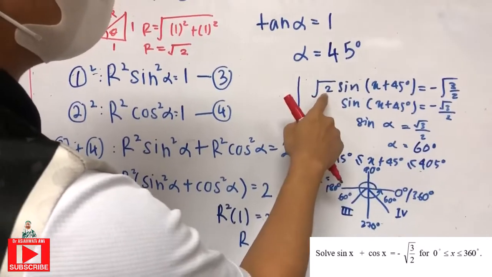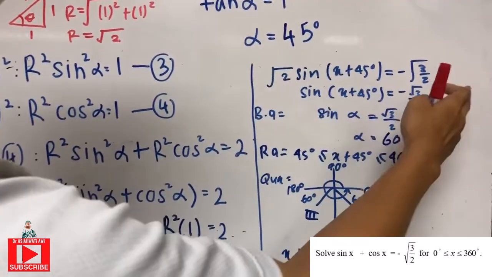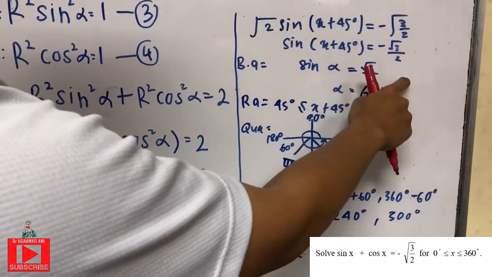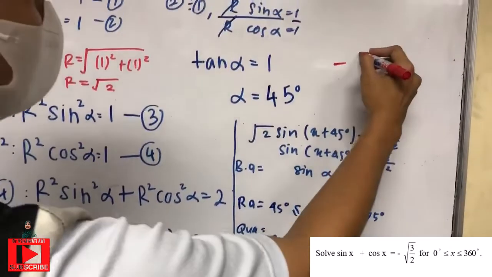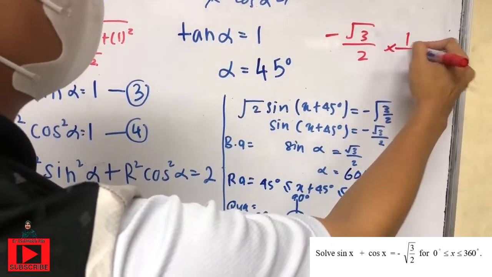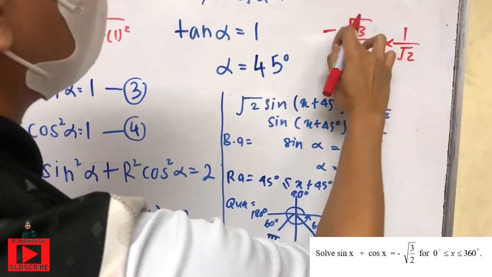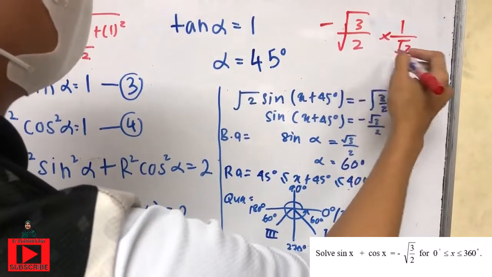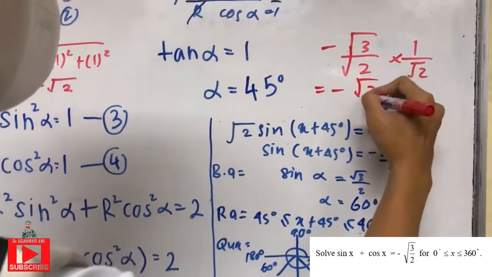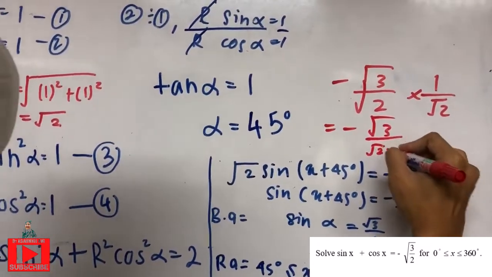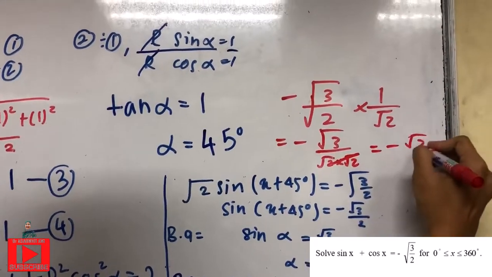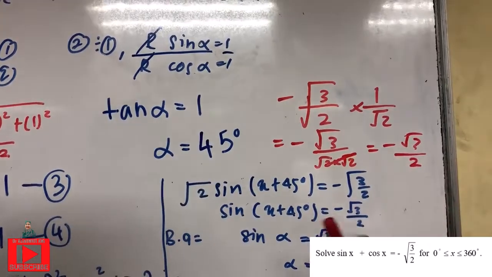And then root 2 tu tadi kita pindah sebelah, kita akan dapat negatif root 3 over 2 times 1 over root 2. And then kita akan dapat negatif root 3 over root 2 times root 2. So ni kita akan dapat negatif root 3 over 2. Okay, itu yang dapat sini.